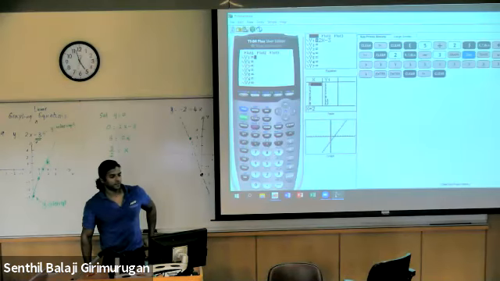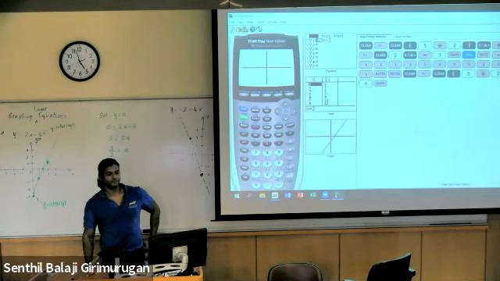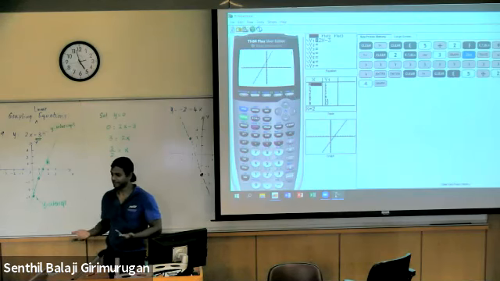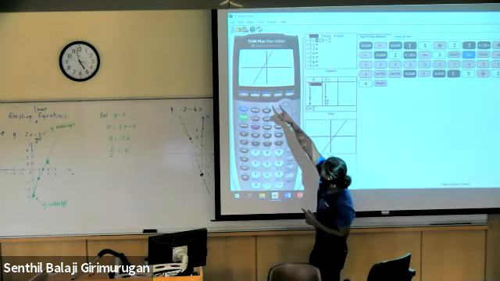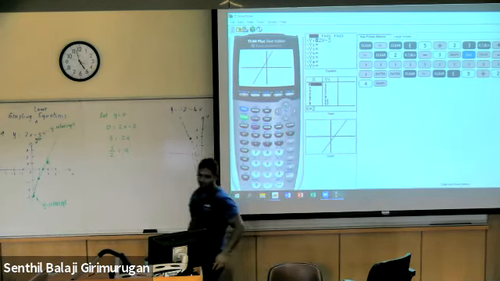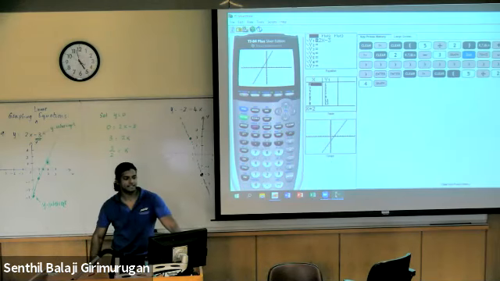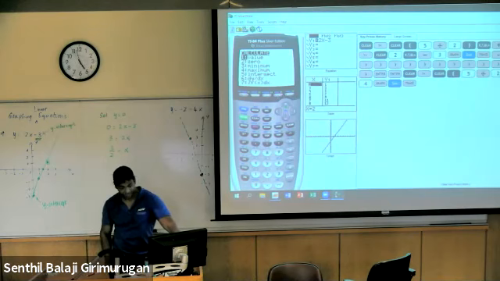So 5 over 2 x plus 4, graph. And there is the line. And I know that the x-intercept is right over there. So press second trace, number 2, which is 0.